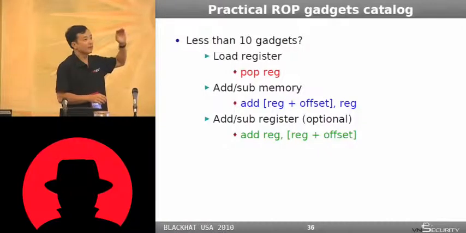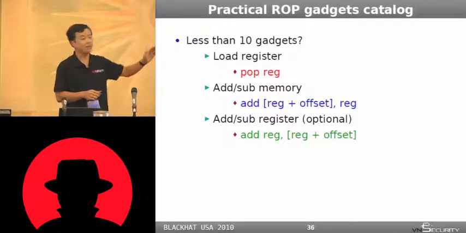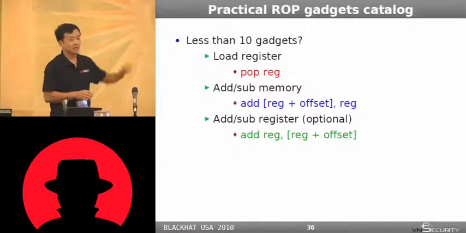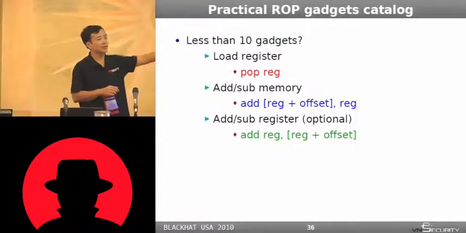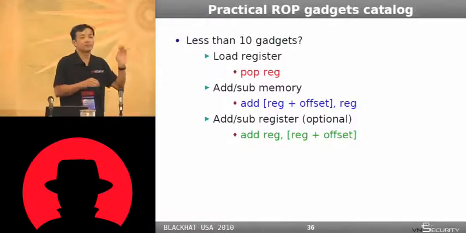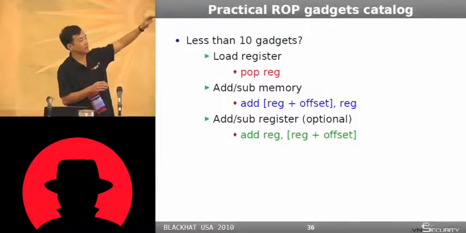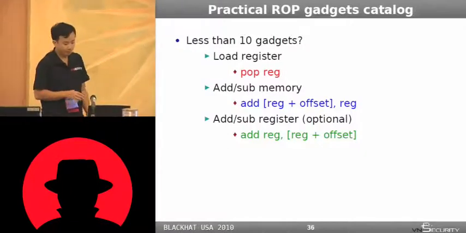What you need is a pop register to load the value, an add or sub of a register to a memory location, and optionally an add or sub of a memory location to a register. The first one is for GOT overwriting, the second is for GOT dereferencing.